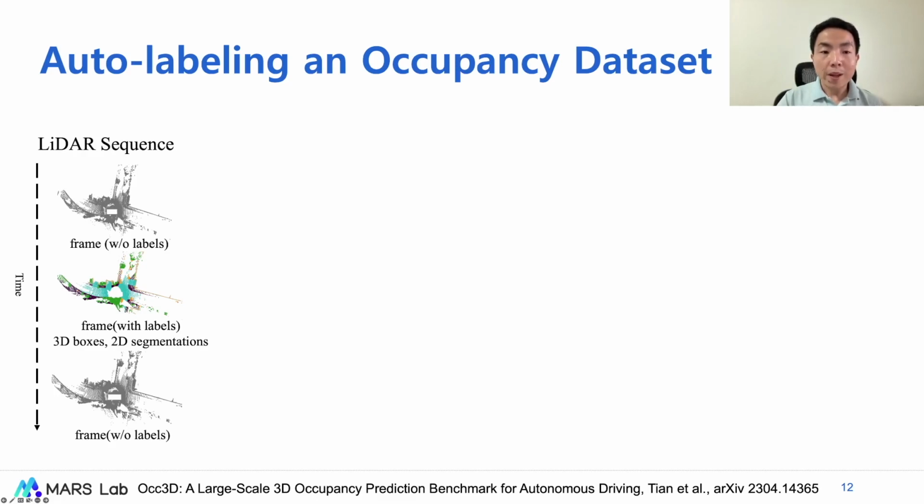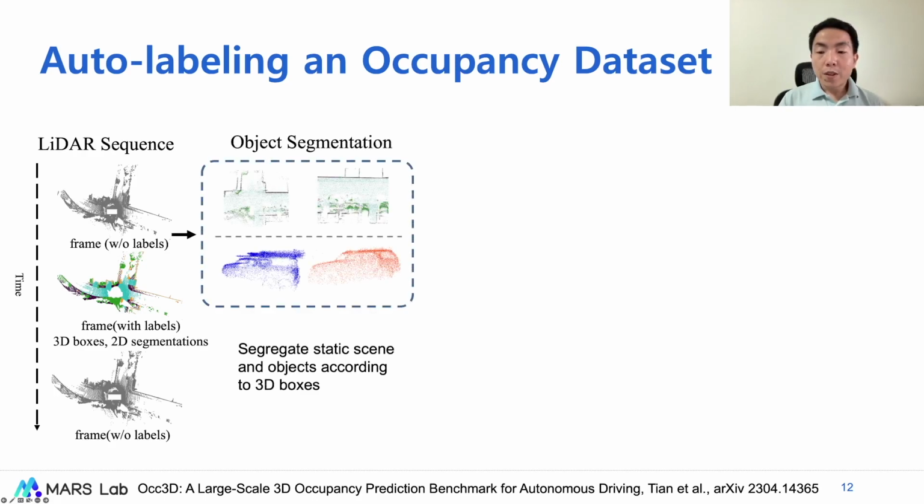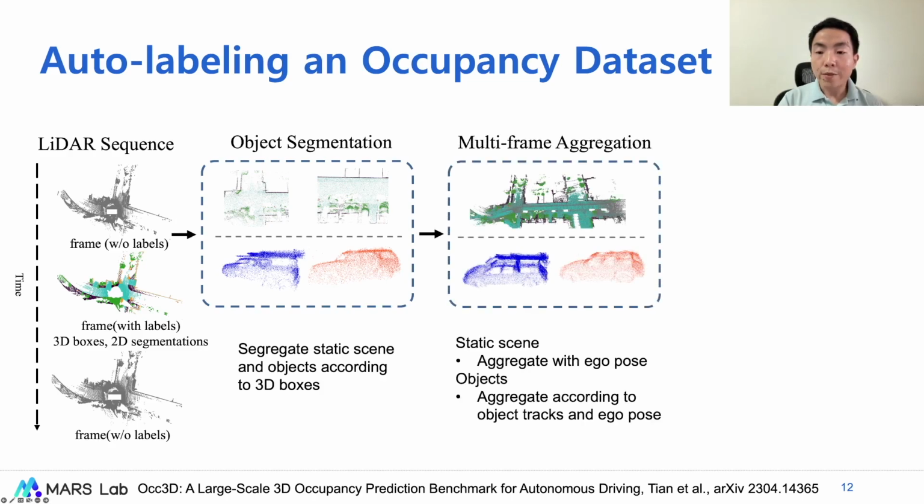And in our pipeline, we first segregate the static scene and objects according to the 3D bounding box annotations. And then, for the static scene and each foreground object, we aggregate all the point clouds, including the unlabeled point clouds, according to the object trajectories and further refine with ICP.